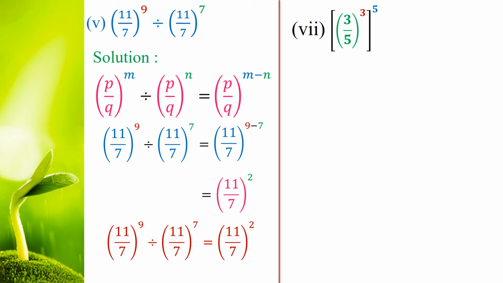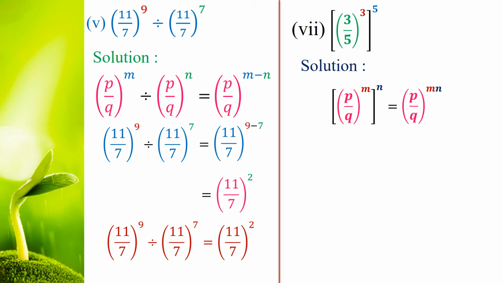((3/5)^3)^5. Solution. Here, 3/5 is a rational number and 3 and 5 are positive integers. So, we are going to use the fourth law. ((p/q)^m)^n equals (p/q)^(m into n). ((3/5)^3)^5 equals.